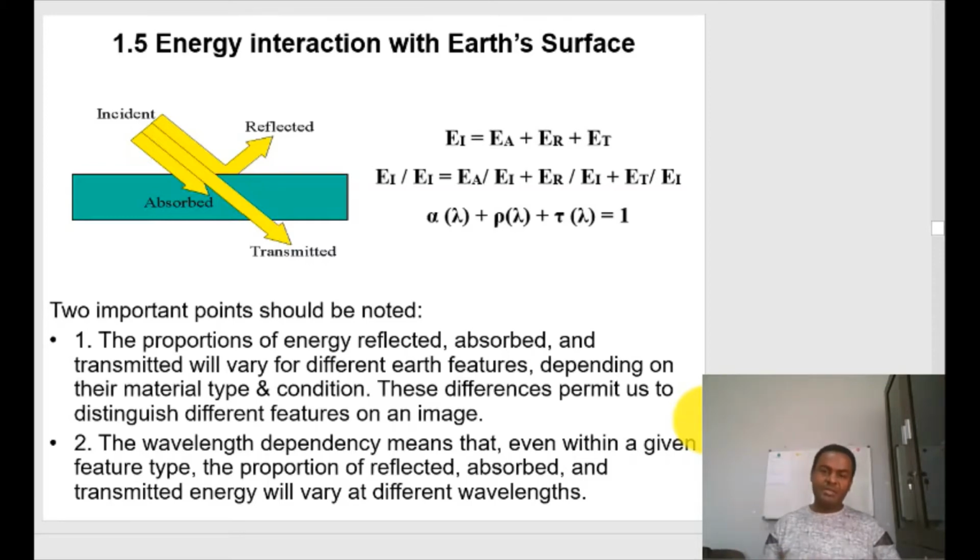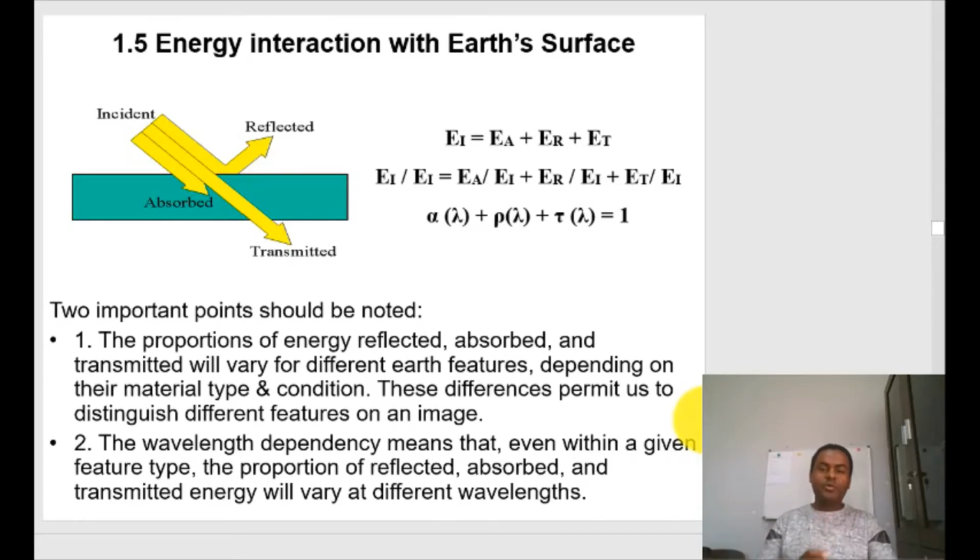Even if the object is the same, the amount of reflected, absorbed, and transmitted energy will vary from wavelength region to wavelength region. This is called wavelength dependency. Different objects will display different amounts of reflectance at different wavelength regions.